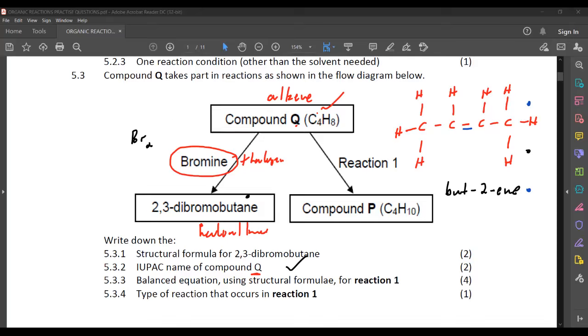No problem. Let me do it this way. Okay, here's your product. 1, 2, 3, 4. Here's a product, it's a haloalkane. That's what they told me. It's a haloalkane. Br. What did I add?